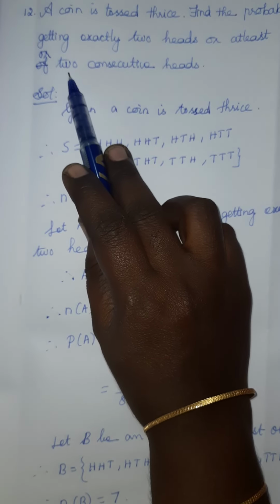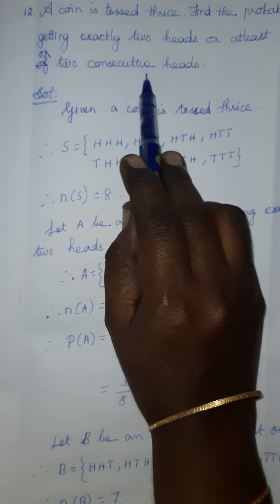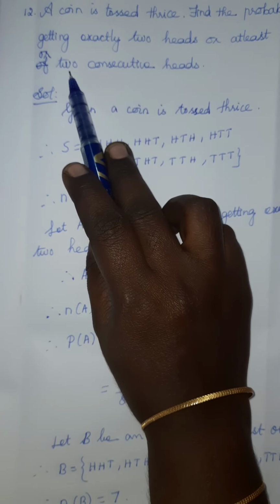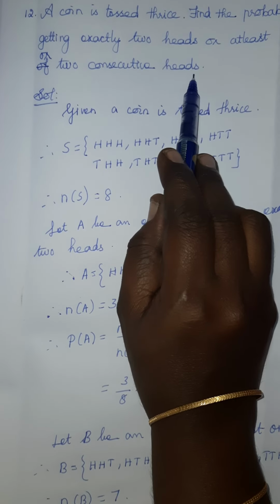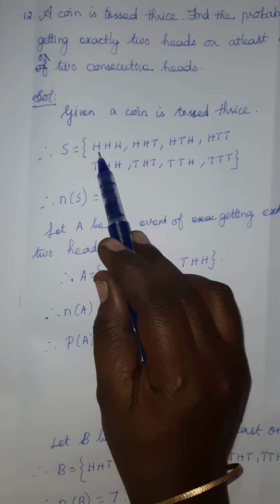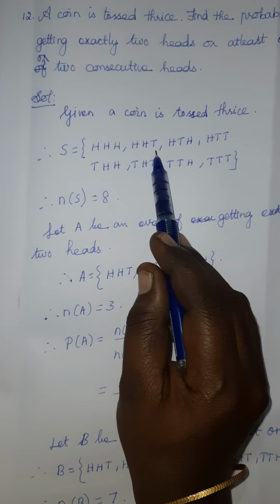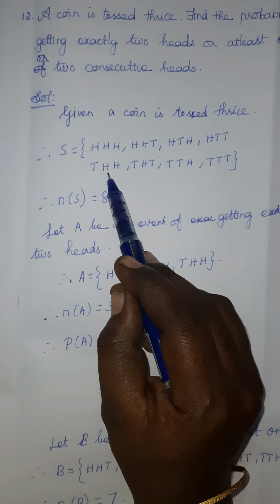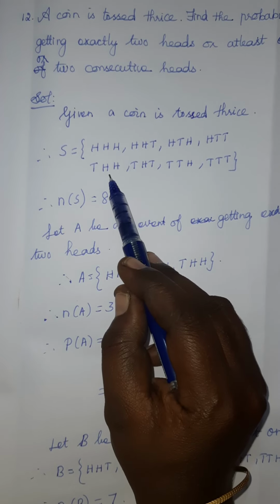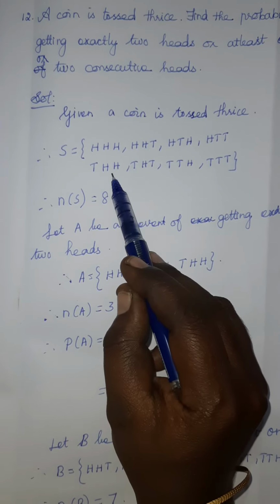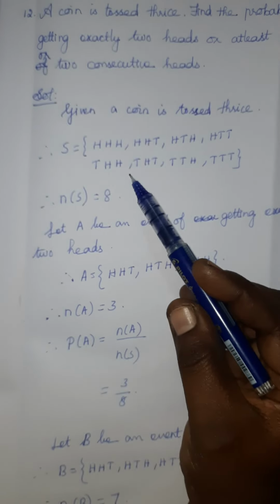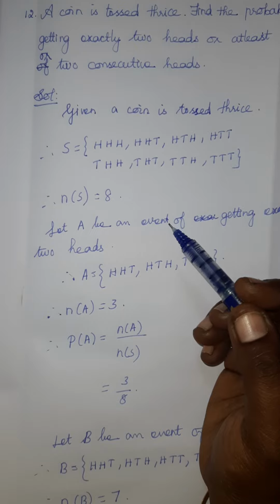So C is an event of getting 2 consecutive heads. From the sample space, the first one, second one, then the fifth one, only these three elements have consecutive heads. So these three we will select for the C set.